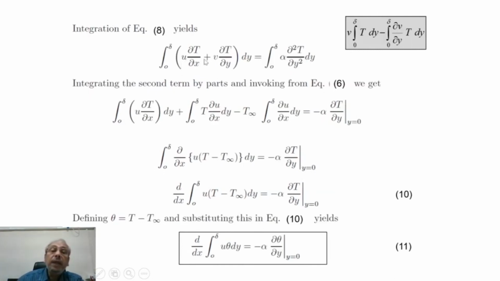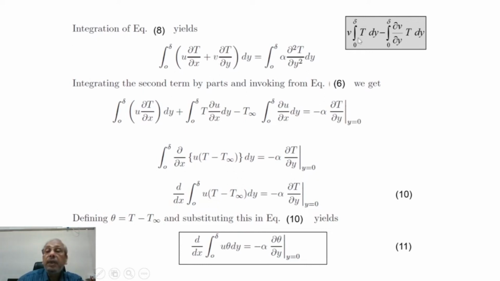Now we look at the thermal boundary layer equation. There also we integrate the equation between 0 and delta: integral of u del t del x plus v del t del y dy equal to integral 0 to delta of alpha del 2t del y2 dy, and we can integrate term by term. So 0 to delta u del t del x dy, and v del t del y we integrate by parts.